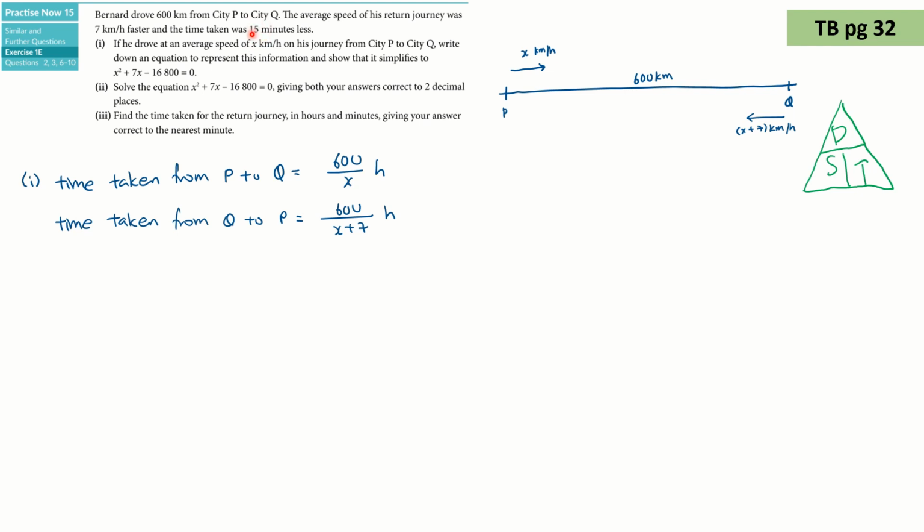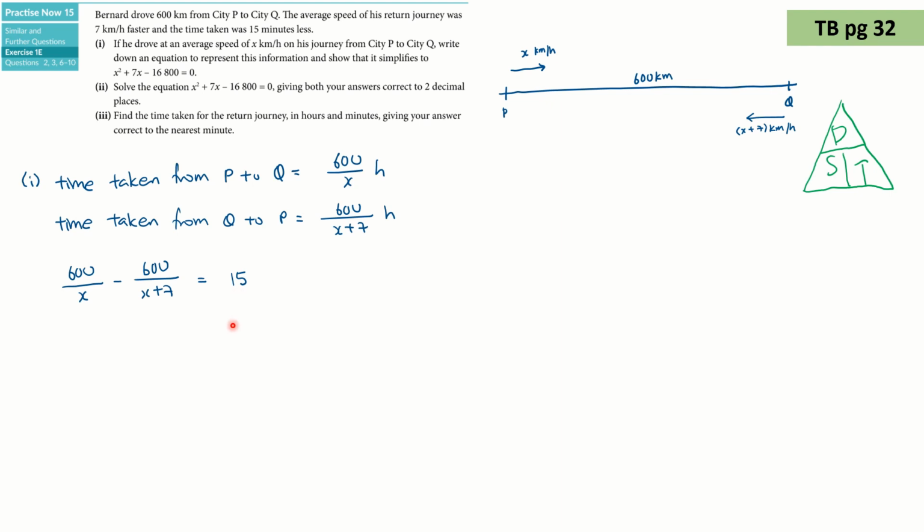So our Q to P is 15 minutes less than P to Q. That means that 600 over X is greater, while 600 over X plus 7 is smaller. Hence, the equation that we need to think about is 600 over X minus 600 over X plus 7, and this difference equals 15 minutes.